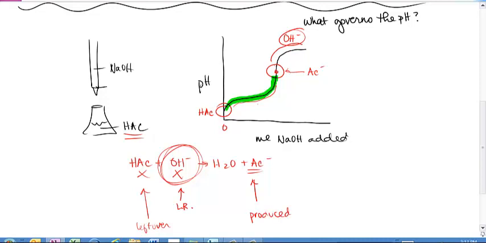Anywhere in this region there are two things governing the pH, acetic acid and the acetate ion both.